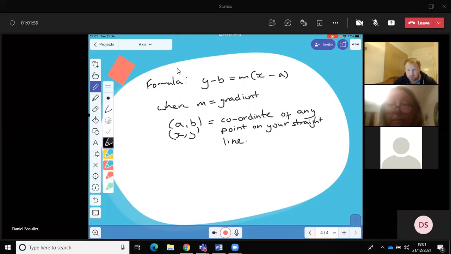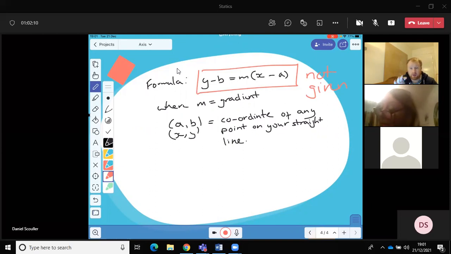Very, very importantly, this equation is not given in the exam. That is not given in the exam paper. So you need to know this process.